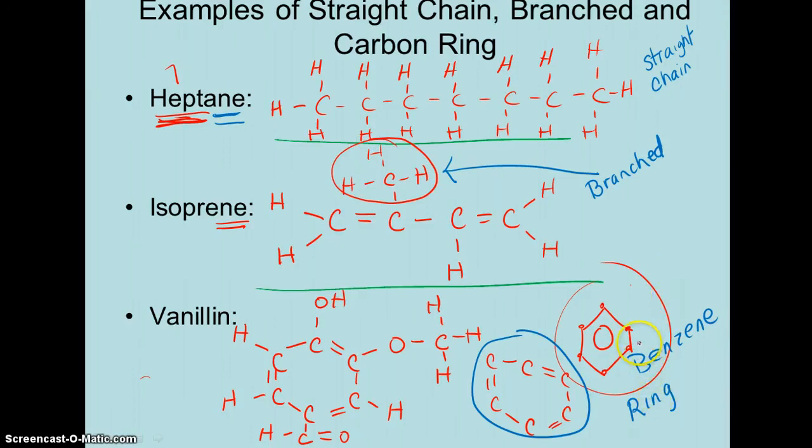I will get into further detail on benzene rings soon, but you can see how each of these, whether straight chain, branched, or ring, is very easy to recognize. A ring, like it says, you have your ring here. This is considered a benzene ring. This is a symbol for benzene ring that you will soon be responsible to know, recognize, and draw. By itself is what I have written here. And then this whole structure here actually is vanillin, okay?